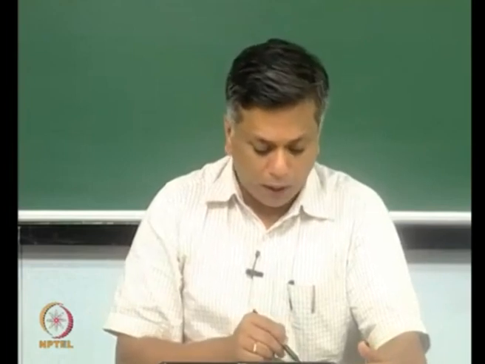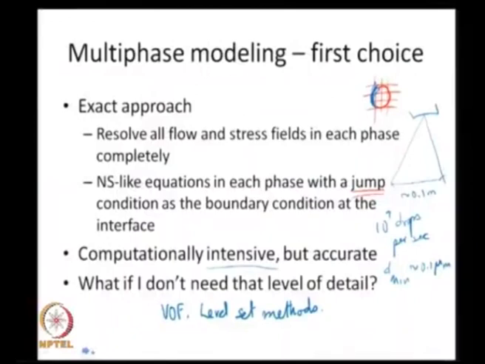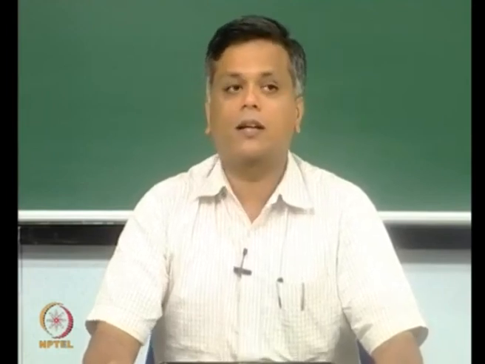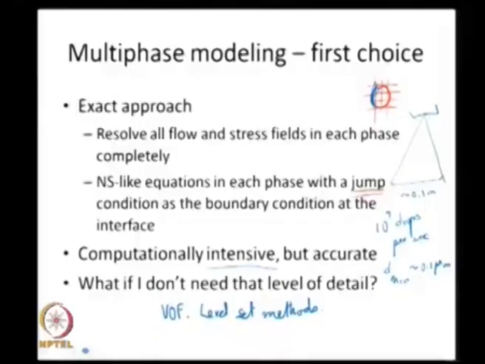And we start with the most exact model, where we talk of resolving all the flow and stress fields in every phase, writing a set of jump conditions to go from one phase to another. This is the highest level of detail we can get in a continuum model. So, where the water and air are both continua, this is the highest level of detail we can get.